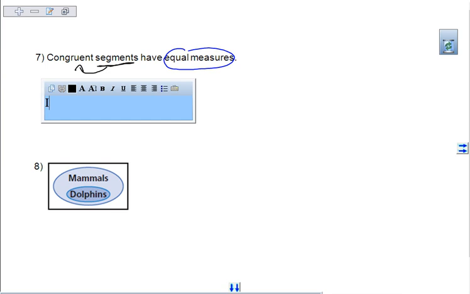So if a segment, or if segments are congruent, then they have equal measures.